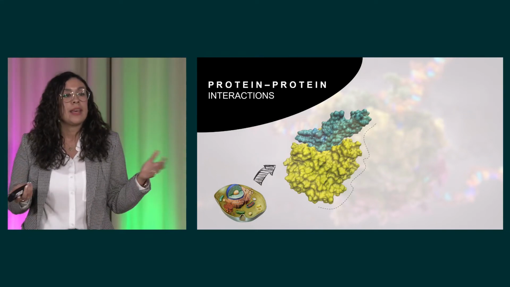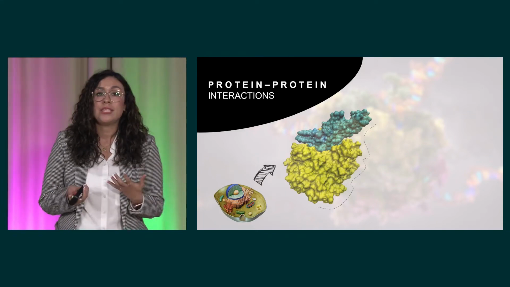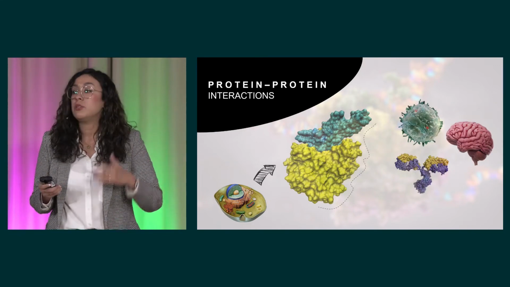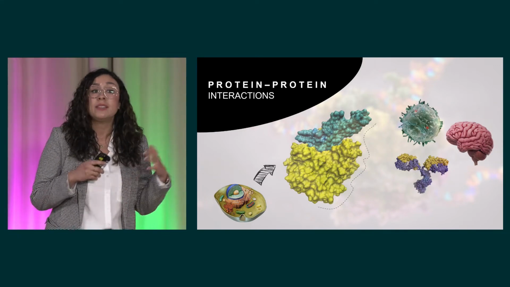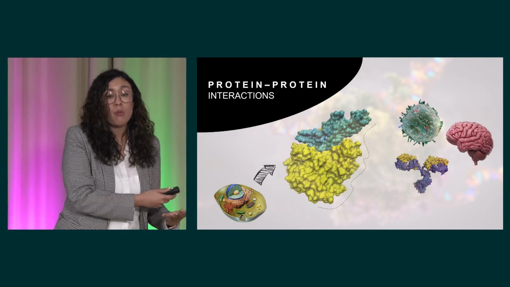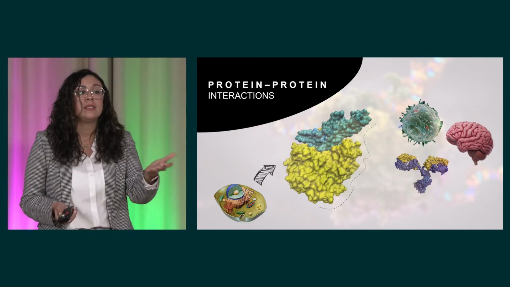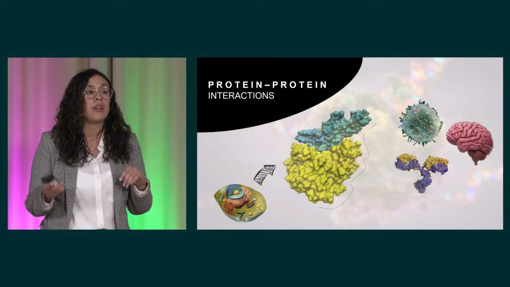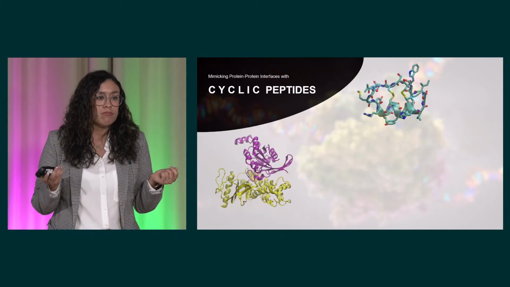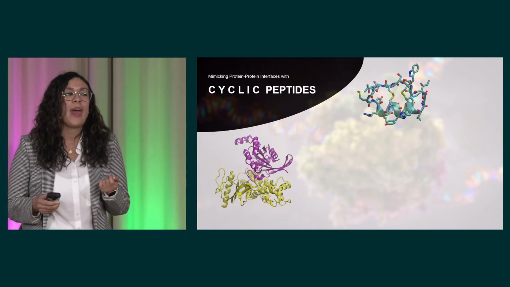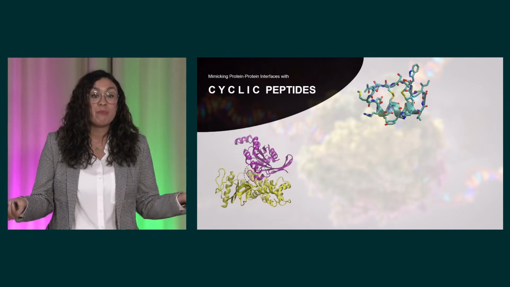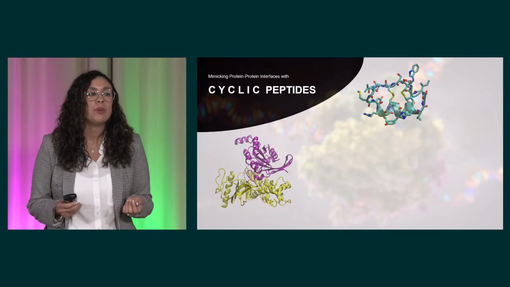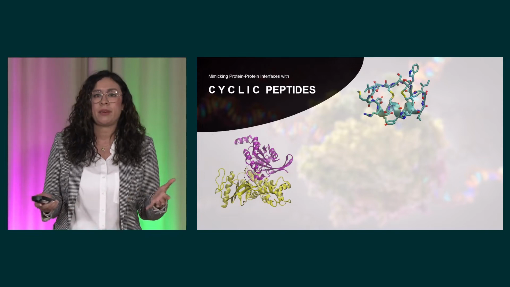And we want to do this because sometimes we want to break some interactions, because when they are not well regulated, this can lead to cancer, neurodegenerative diseases, immune disorders, and so on. One of my PhD proposals is to target protein-protein interactions using cyclic peptides.